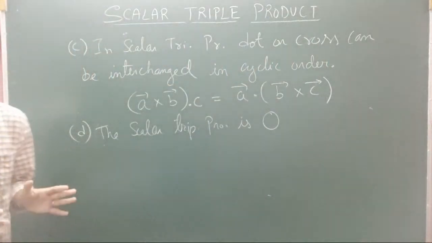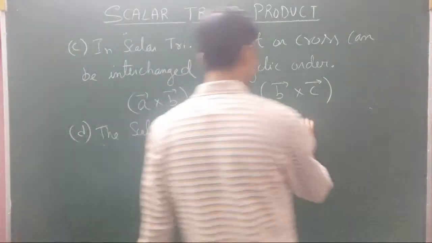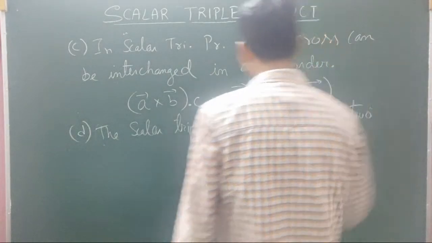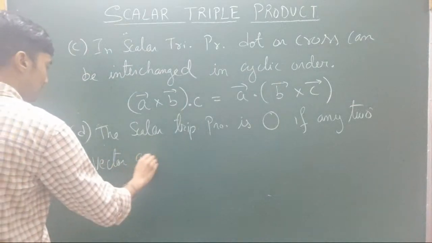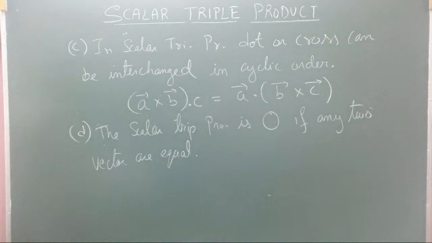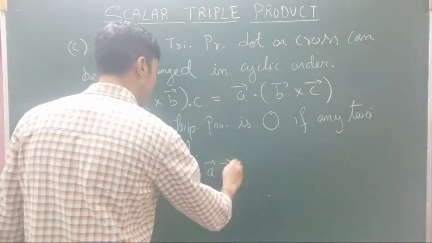This property follows from there, that is, the scalar triple product is 0 if any two vectors are equal. That means, for example, A, A, C.